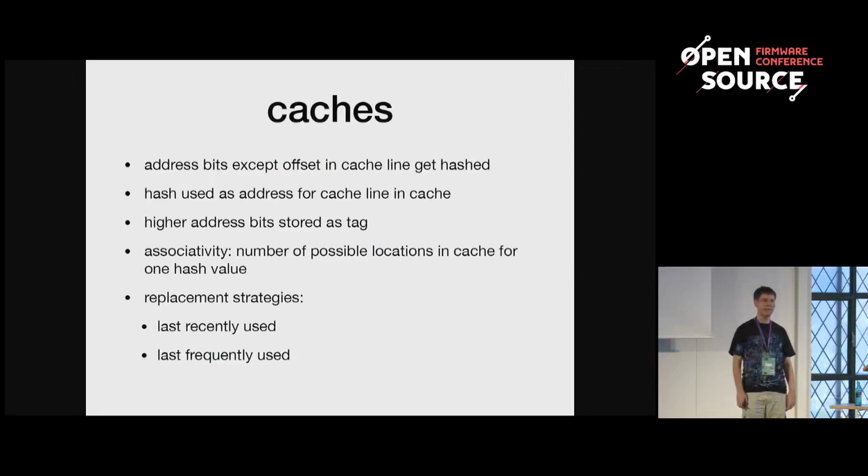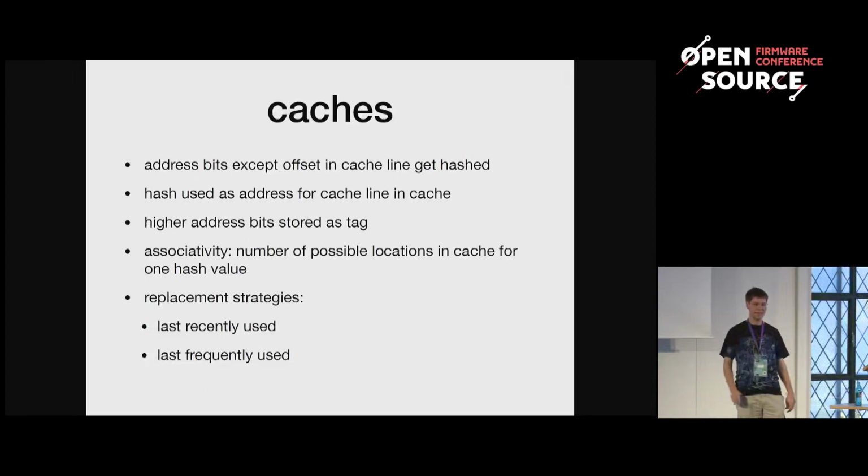And you have only 16 or 24 places where you can put a certain cache line, and so you need a replacement strategy. There are basically two main strategies, or three. Forgot the random one. Basically, you see the oldest of those 16 or 24 places, and then replace that.